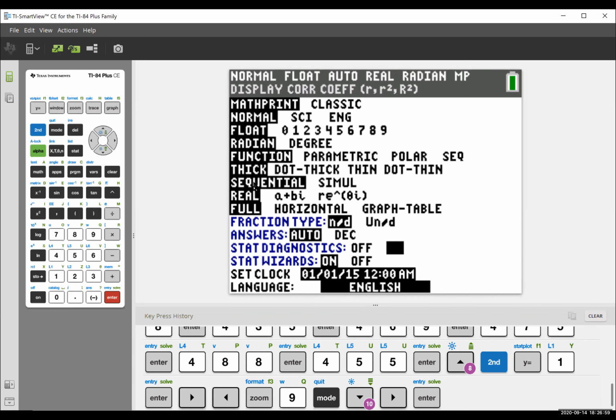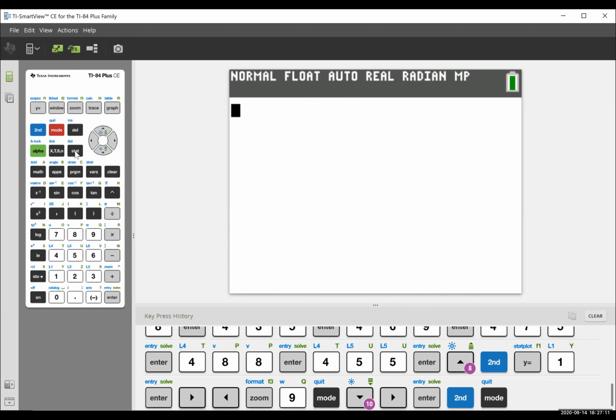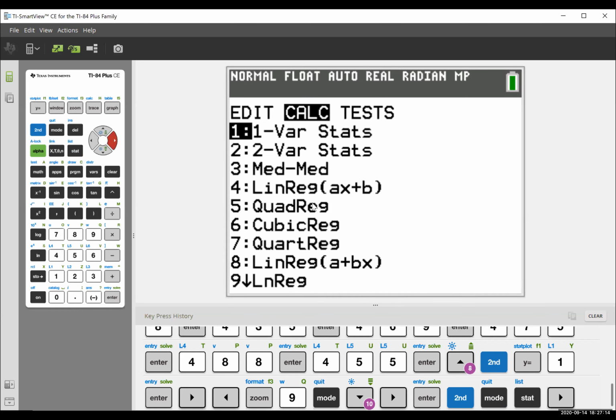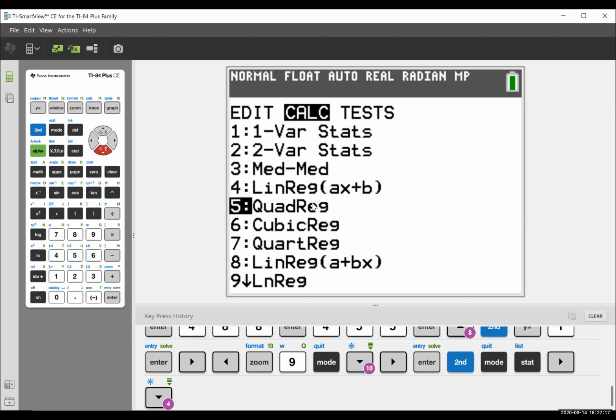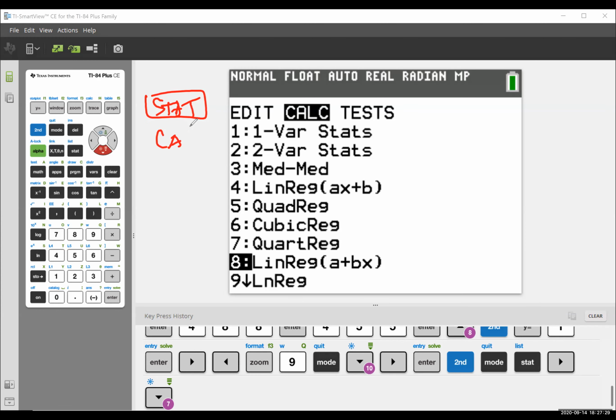Again, make sure to go to your mode and choose stat diagnostics and then turn it on. And then after that, stat calc 8.